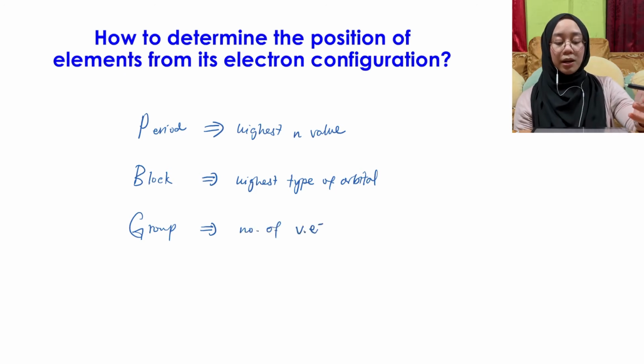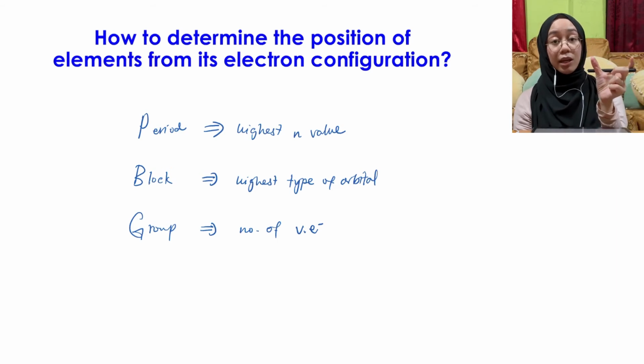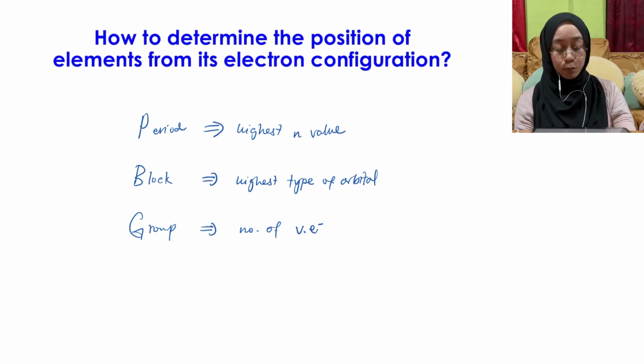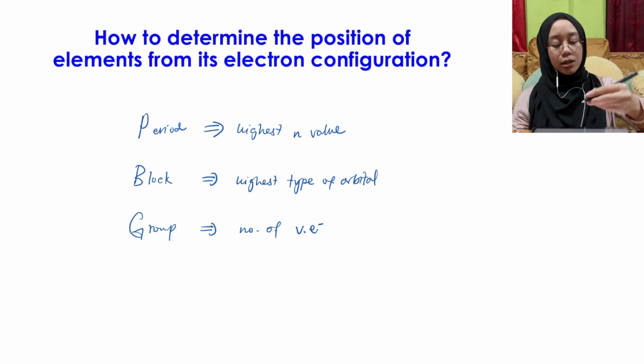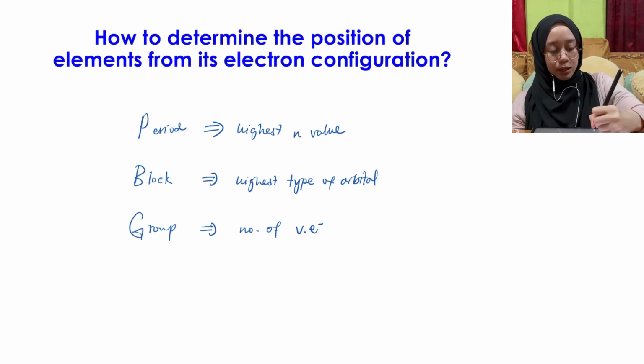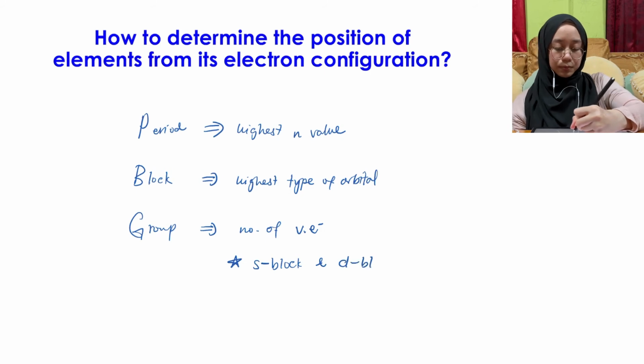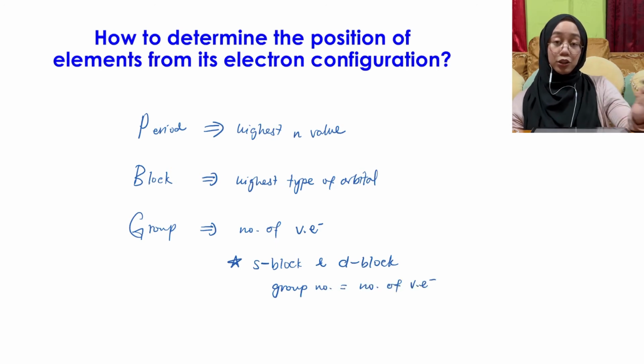Okay, so daripada valence electronic configuration tadi, mesti diajar macam mana nak determine the number of valence electron. Okay, so apa kaitan valence electron dengan group? So kalau kamu pergi balik a few slides yang dalam bahagian group punya, kamu ingat tak tadi dia ada mention yang kalau S block and also D block, the group number adalah equals to the number of valence electron.